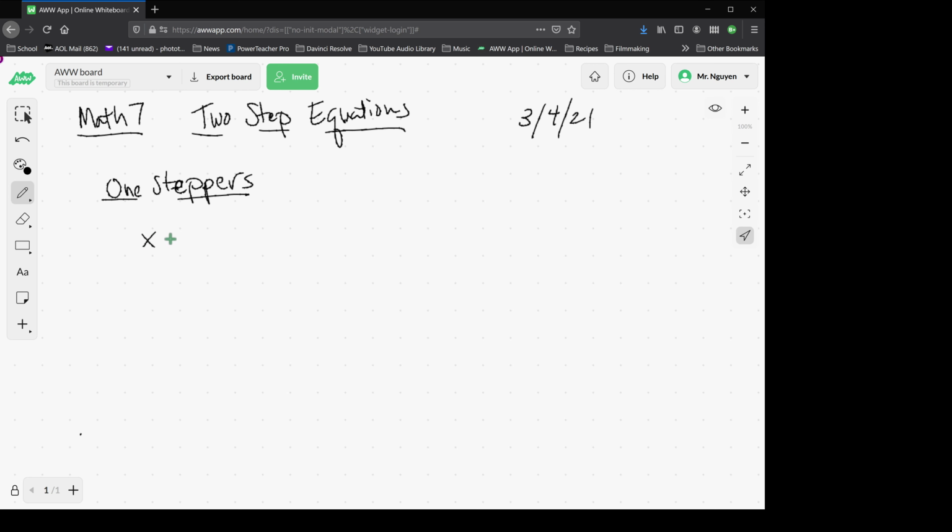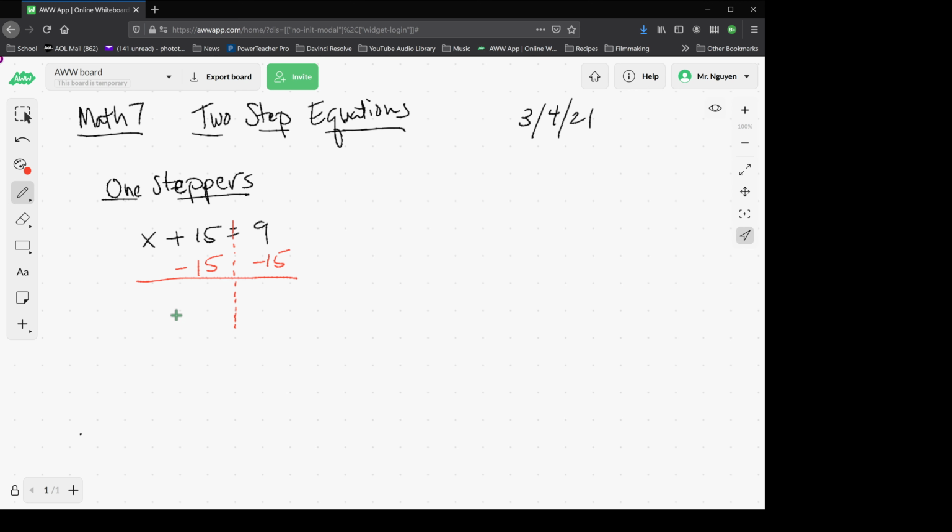We have x plus 15 is equal to, I don't know, 9. So this is one step, and we use the subtraction property of equality in order to solve this. We have to subtract 15 from both sides. And remember, there's a left side and a right side.